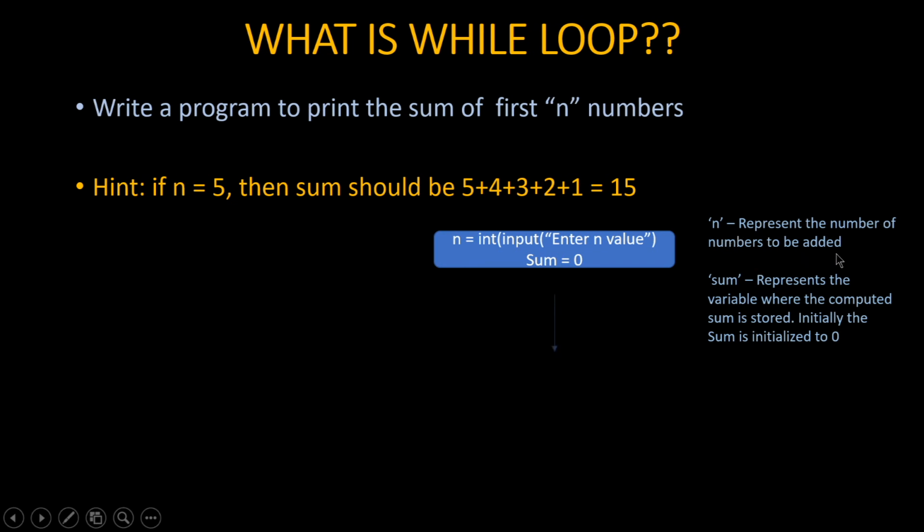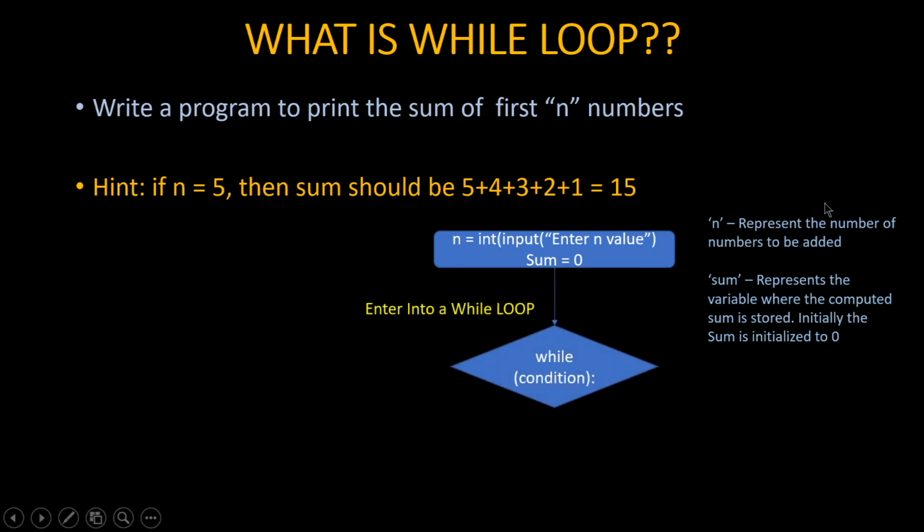First we enter into a while loop, then we have our while condition, and if the condition is true, it will add the values and store them in sum. Then it checks again whether the while condition is true or false. If the condition is true, it will add the values and store them in sum.